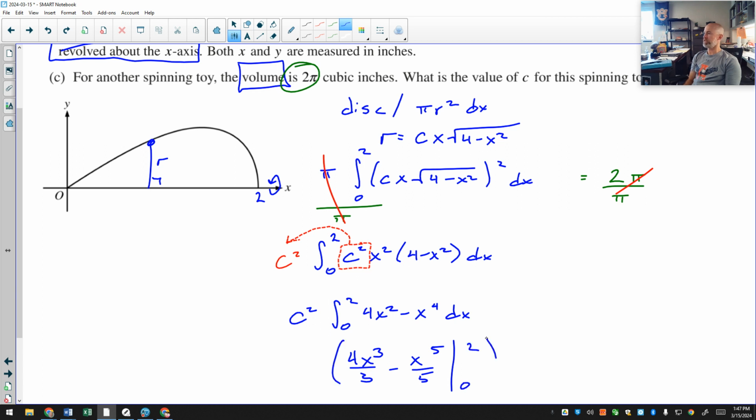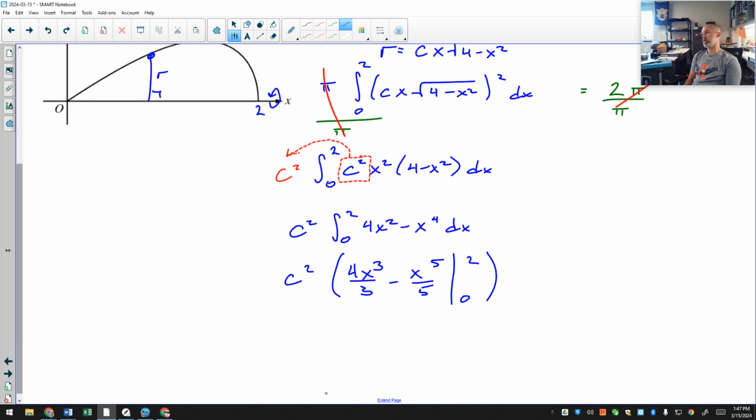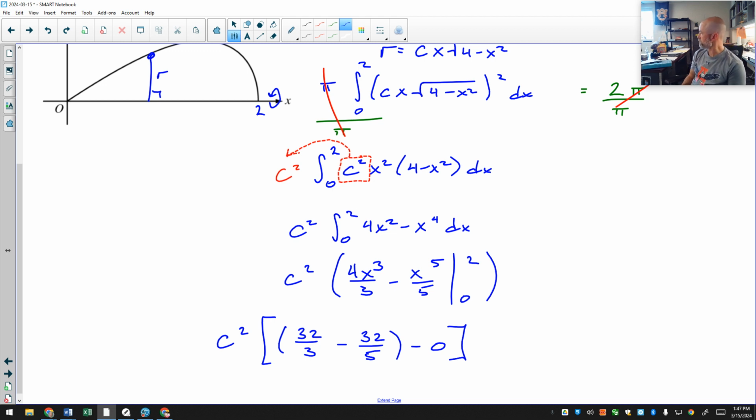And don't forget, there is that c squared out here. So c squared times, plug in 2. What is 4 times 2 cubed? 32. Minus 2 to the fifth is also 32. Minus, plug in 0, and that gives me a couple of zeros. Always plug in the 0 to confirm it returns zeros. Every now and then it does not.